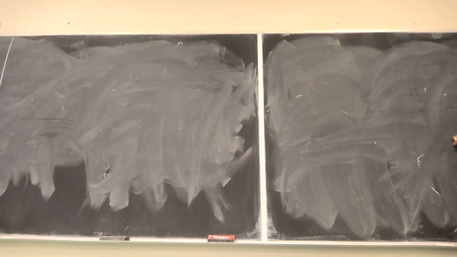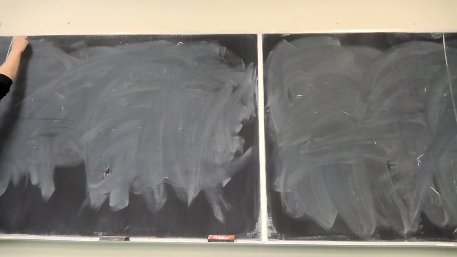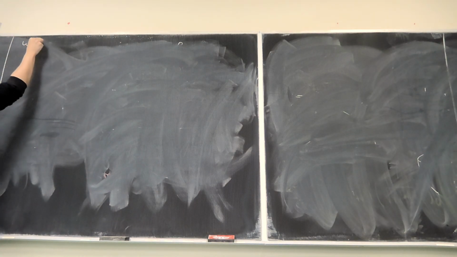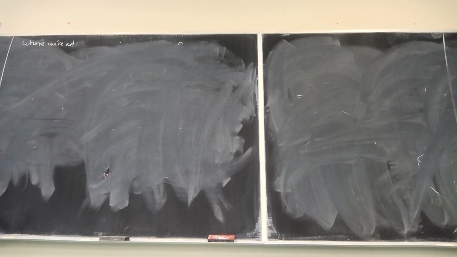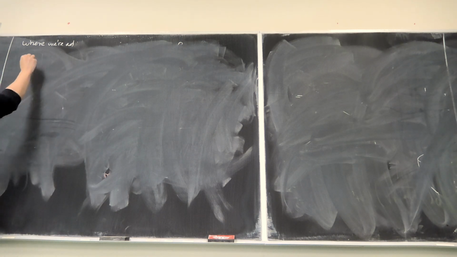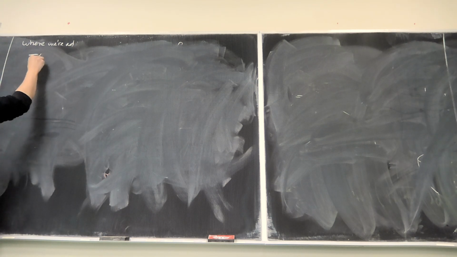And so we had sort of set up the idea of, so this is sort of where we're at. We had defined the idea of a parameterized surface. So I had a map phi of variables u and v.